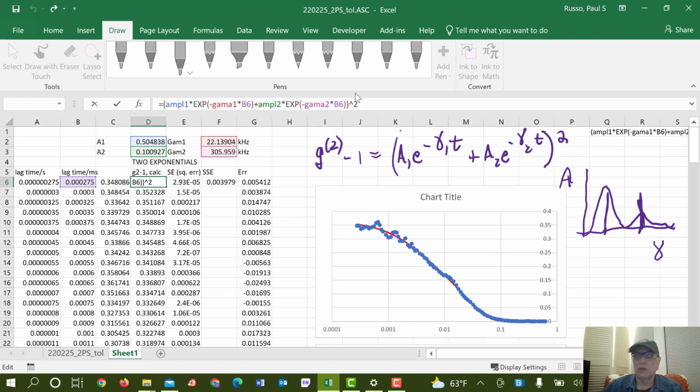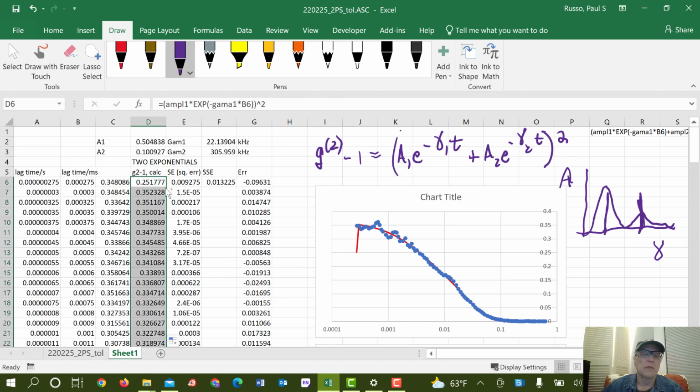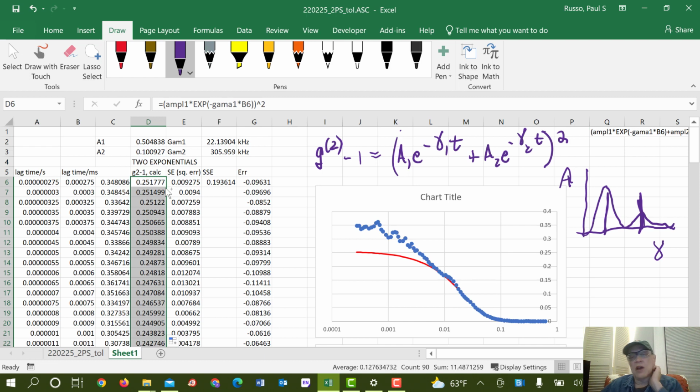So now that's what a single exponential fit looks like.